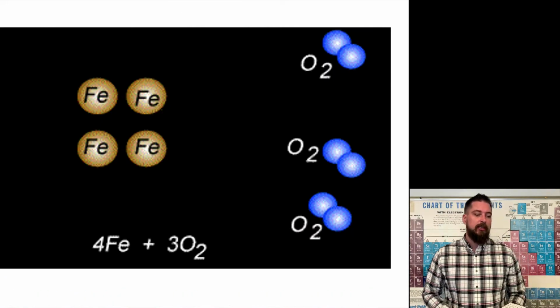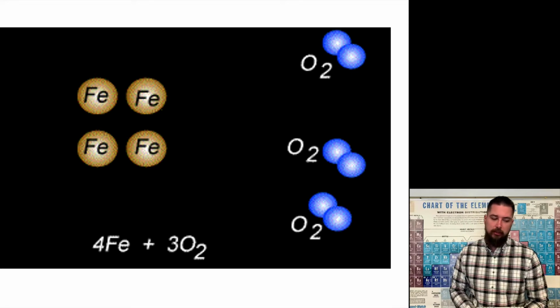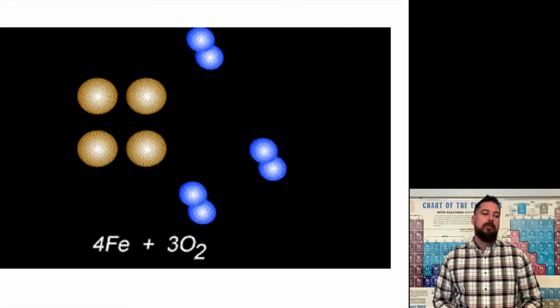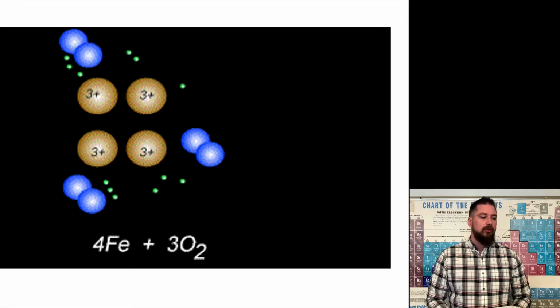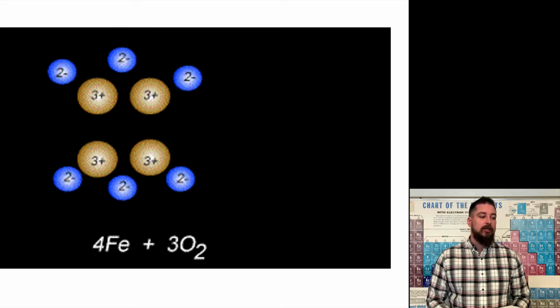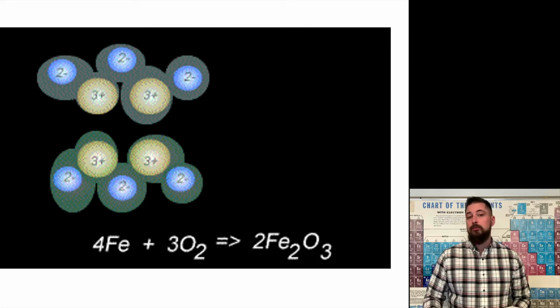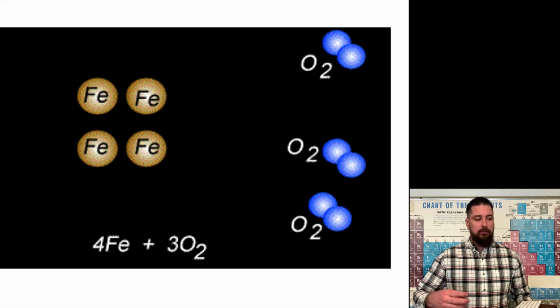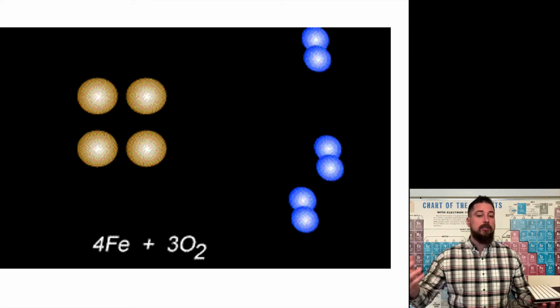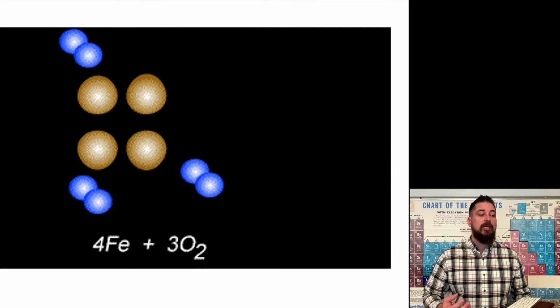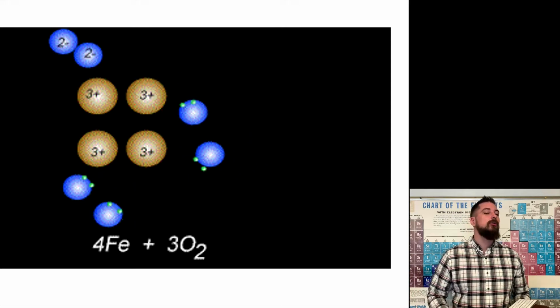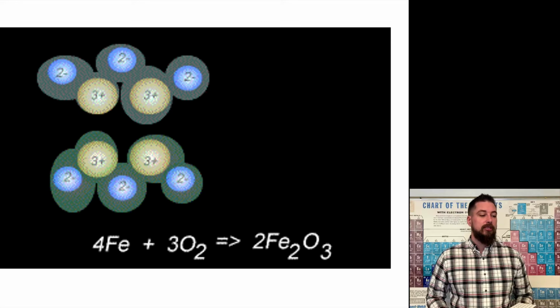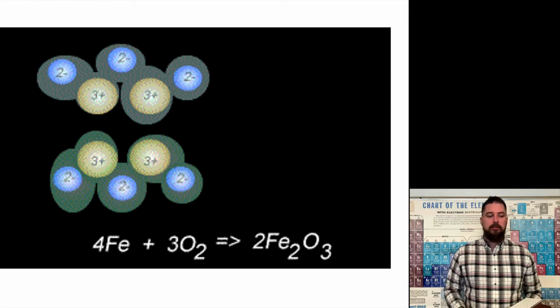Let's go ahead and take a look at this example here. I want you to think about what is being oxidized and what is being reduced. Notice how the iron is losing electrons; you can see the electrons coming out. The iron's lost electrons. Now the oxygens are gaining electrons. So I want you to think about using LEO says GER: what is being oxidized, what is being reduced?